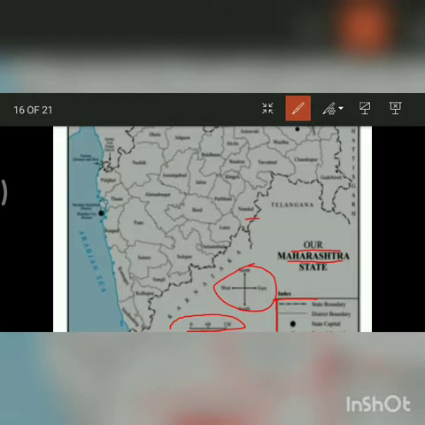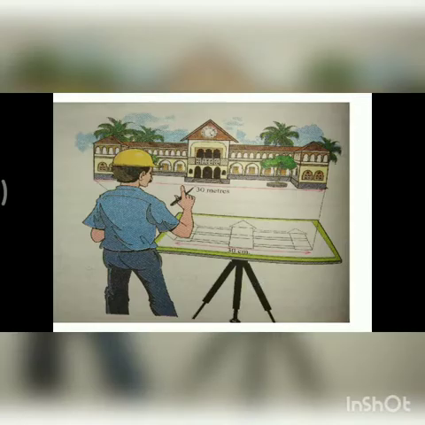Children, let us learn why the scale on a map is very important. As you can see in this picture, the architect is drawing a rough sketch of the house in front of his eyes.